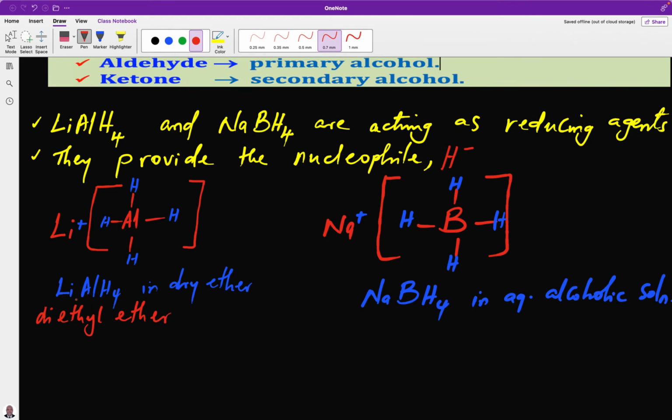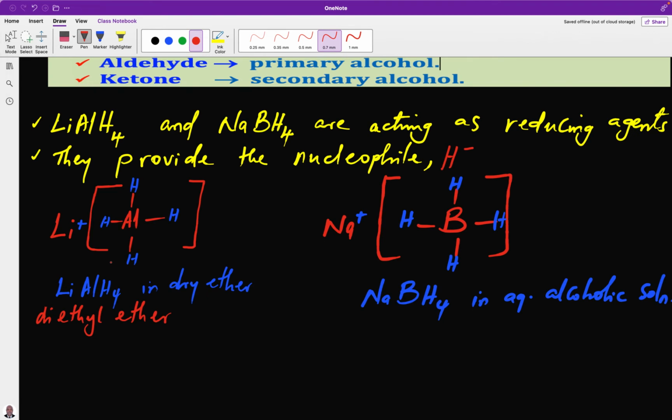LiAlH4, lithium tetrahydroaluminate in dry ether, is a more powerful reducing agent than the NaBH4, and this powerful reducing agent reacts vigorously.